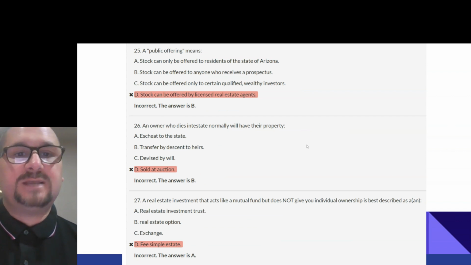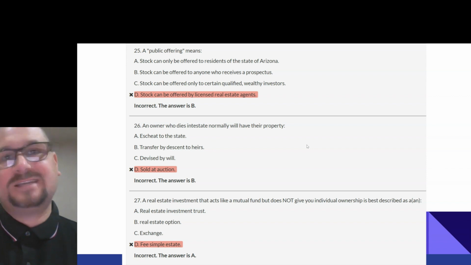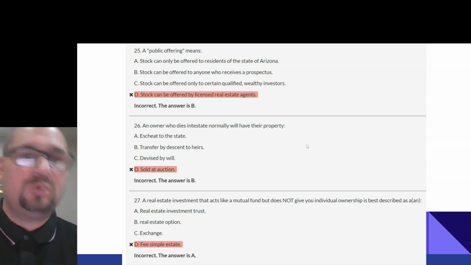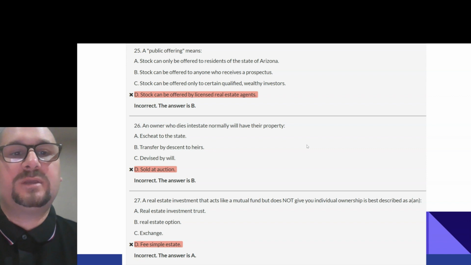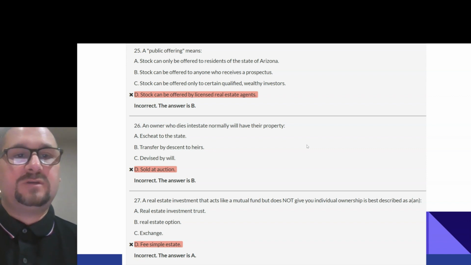An owner who dies intestate, with no will, normally will have their property, Bravo, transferred by descent to heirs.